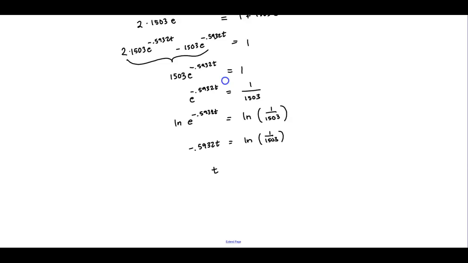And so in order to solve for t, it's going to be the natural log of 1 over 1503 divided by negative 0.5932. And so therefore t is going to be approximately 12.33 weeks.